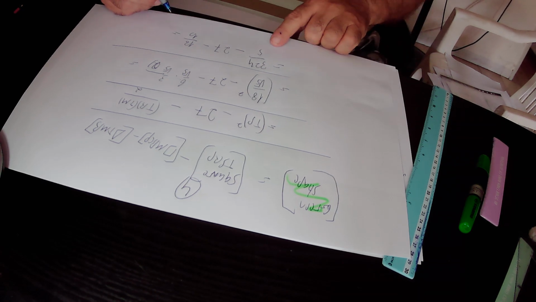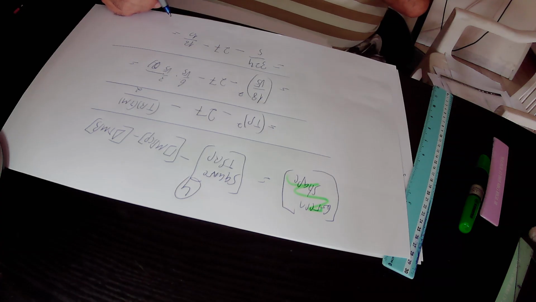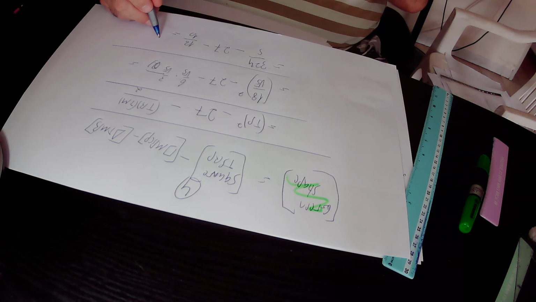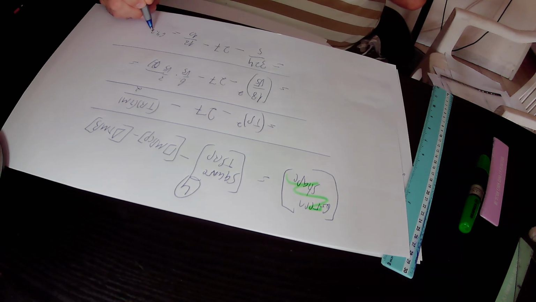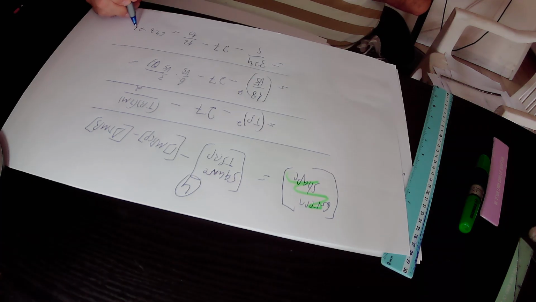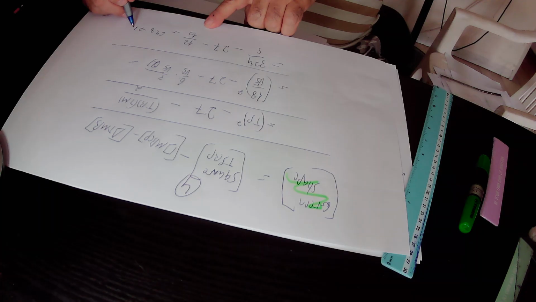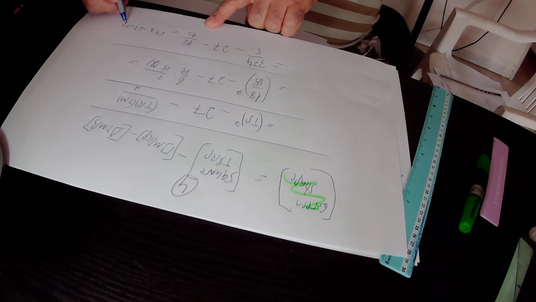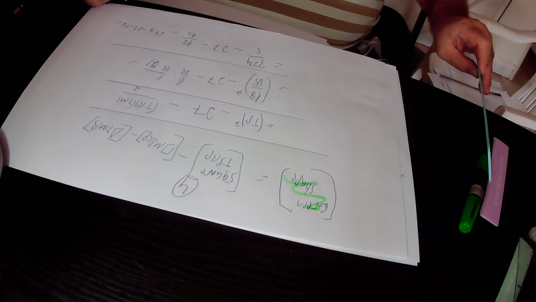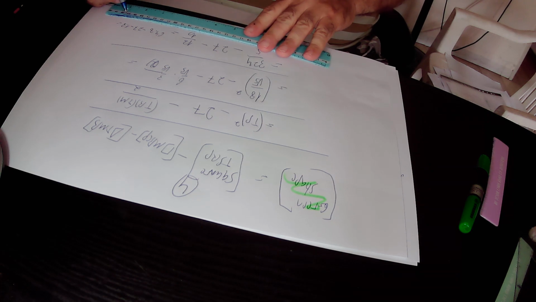So we have here 324 over 5, that is 64.8, minus 27, minus 18 over 10, which is minus 1.8. 64.8 minus 1.8 is 63.